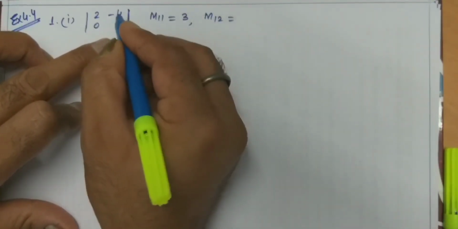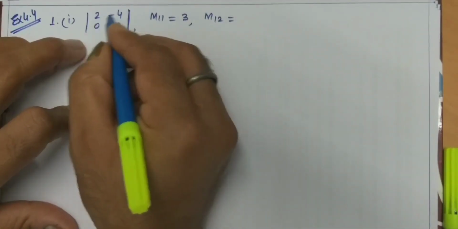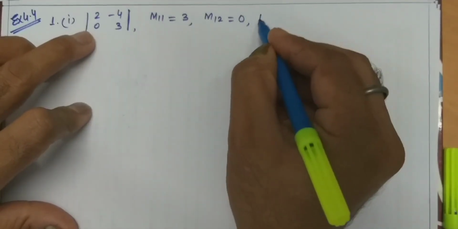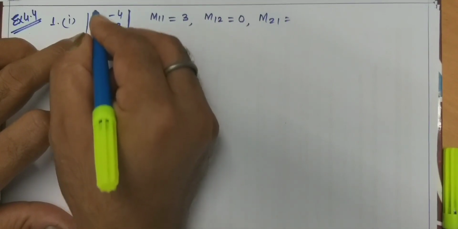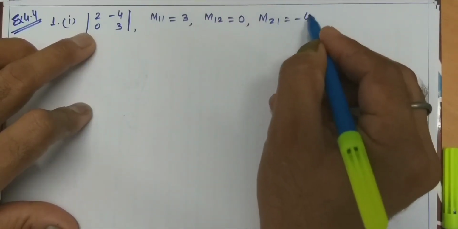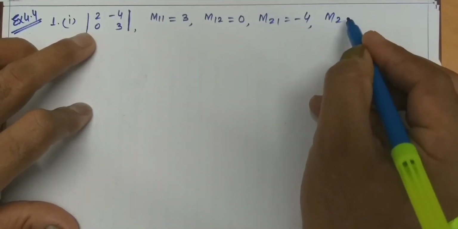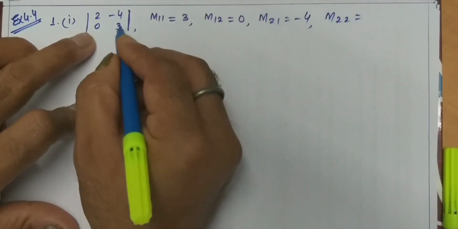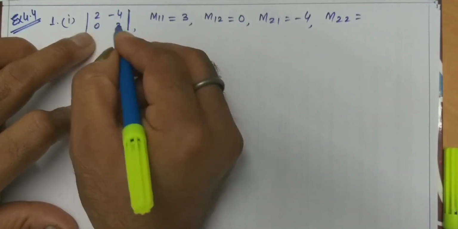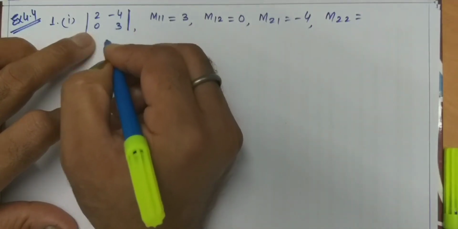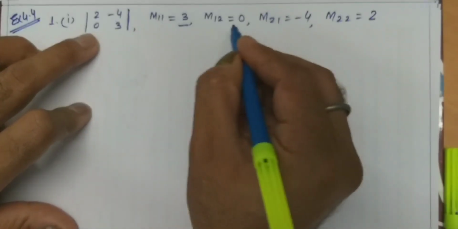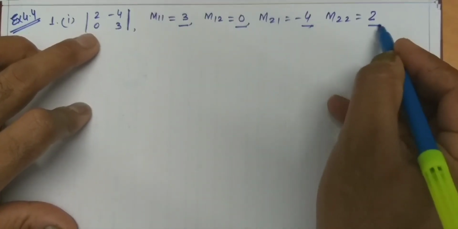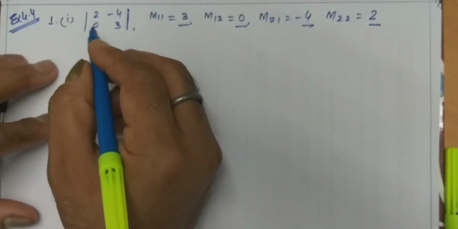M12, this is minus 4, so leaving this way it is equal to 0. M21, minor of 21, this one 0, is equal to minus 4, and the last one is M22, deleting these two lines, we have 2. So these are the 4 minors of the 4 respective elements.